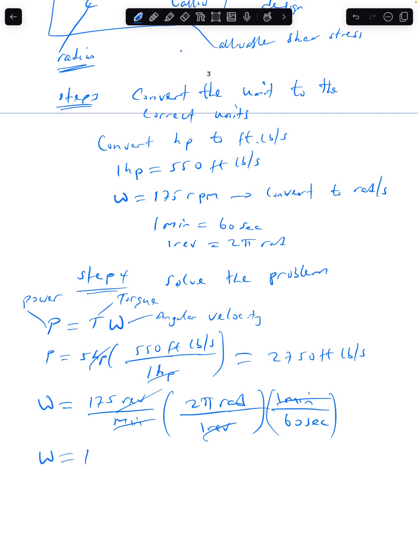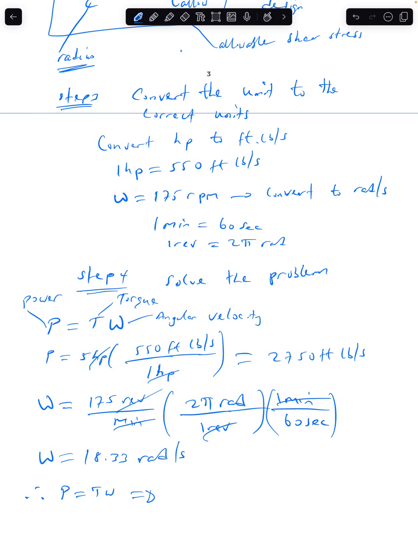And we have angular velocity is going to be 18.33 rad per second. That is the value, and therefore I can say that power equals torque times angular velocity.